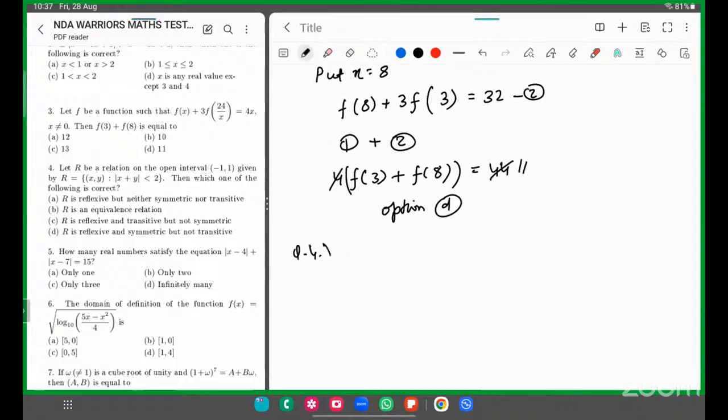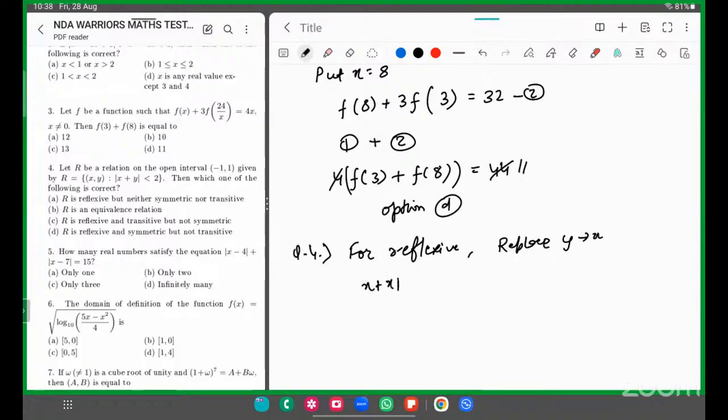Question number 4. For reflexive, replace y with x. So what are we going to get?